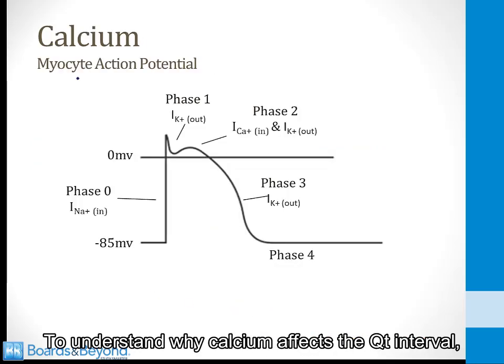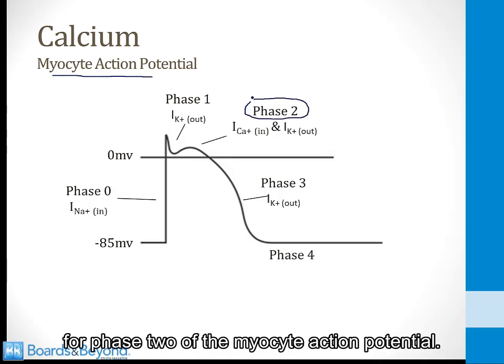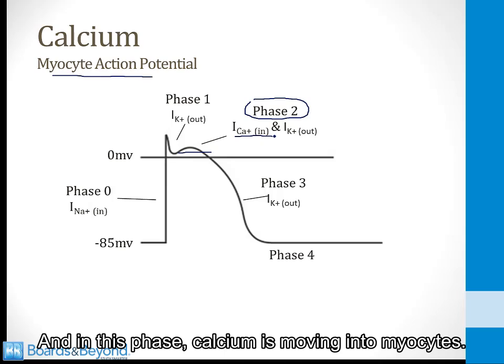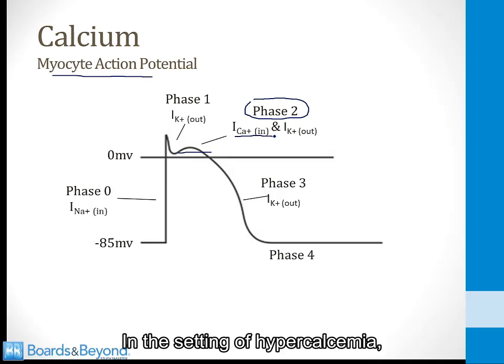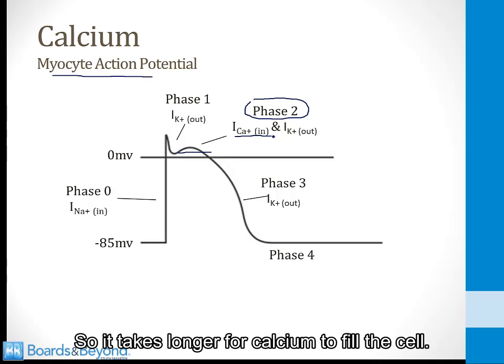To understand why calcium affects the QT interval, let's review the role of calcium in the myocyte action potential. Calcium is responsible for phase 2 of the myocyte action potential. This is called the plateau phase, and in this phase, calcium is moving into myocytes. In the setting of hypocalcemia, there's less driving force to move calcium into myocytes, so it takes longer for calcium to fill the cell.